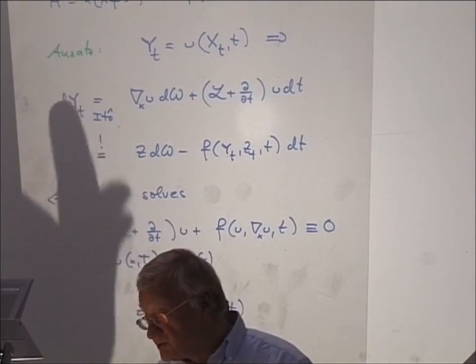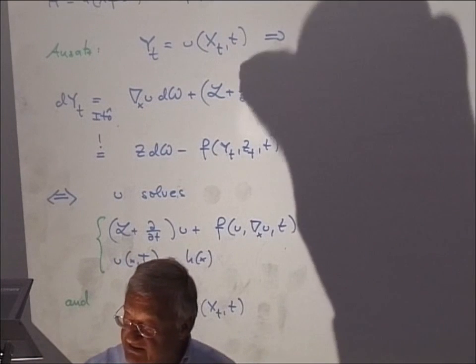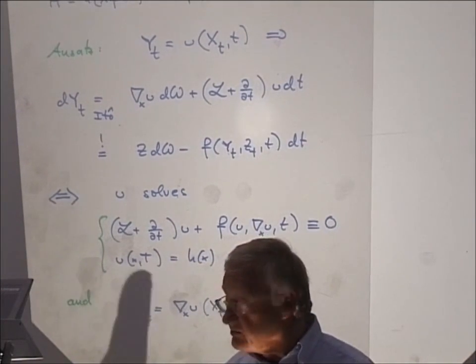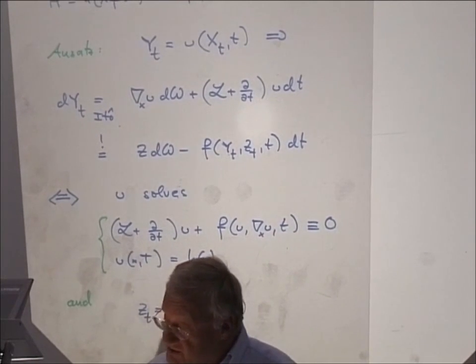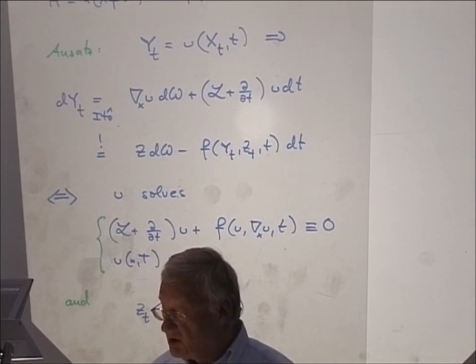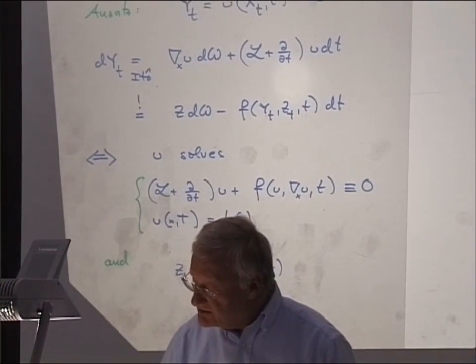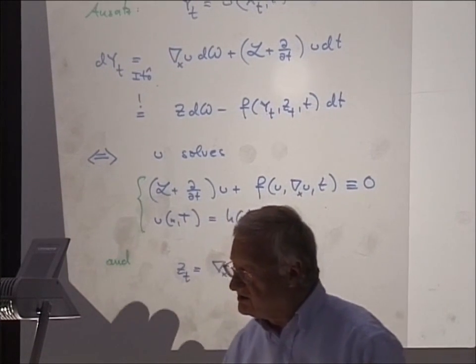And you are looking for a solution of this equation. So in particular, this implies that this term here must be equal to this. And this means that you must solve a certain nonlinear equation here with this terminal condition big T. And once you have that, the Z here is simply given by the gradient in the space variable of your solution of the nonlinear PDE.